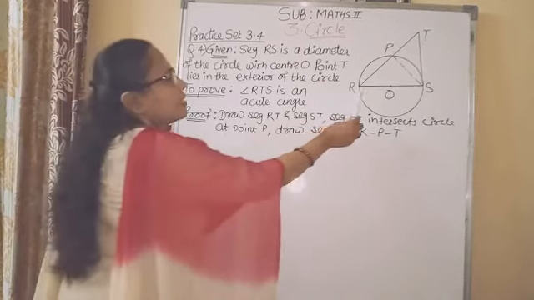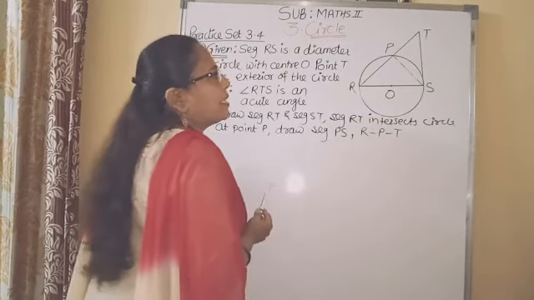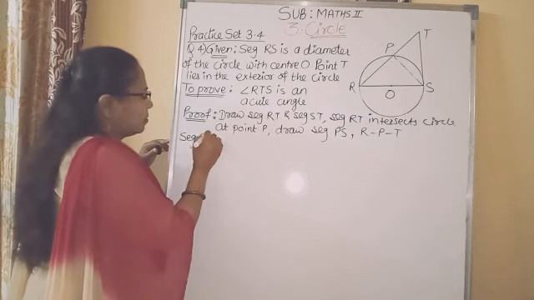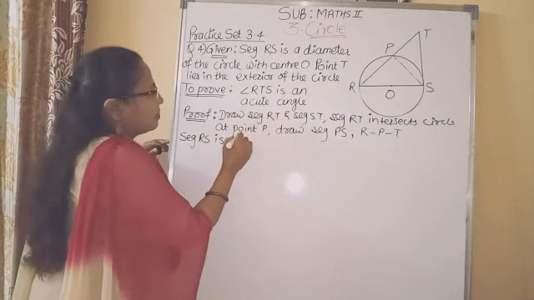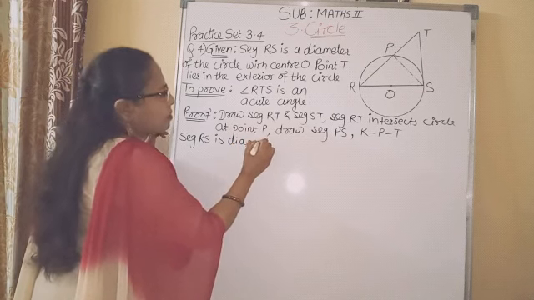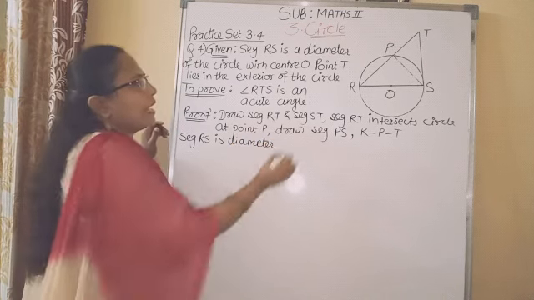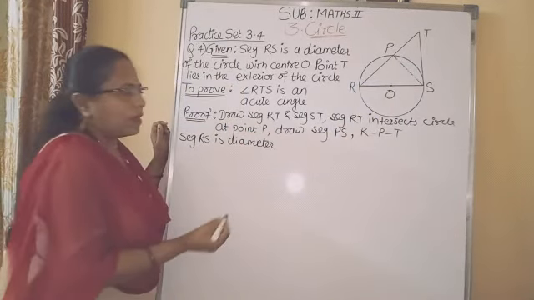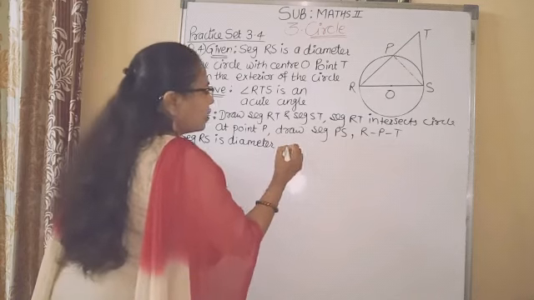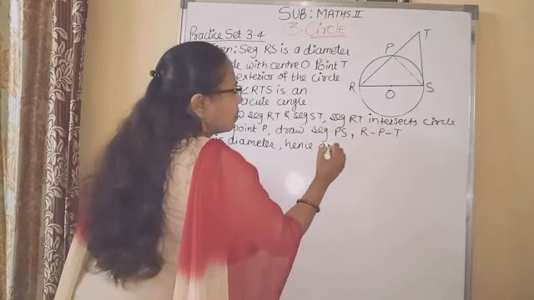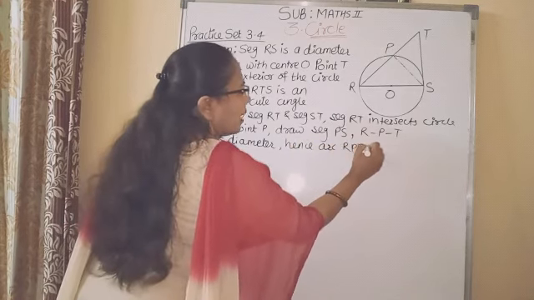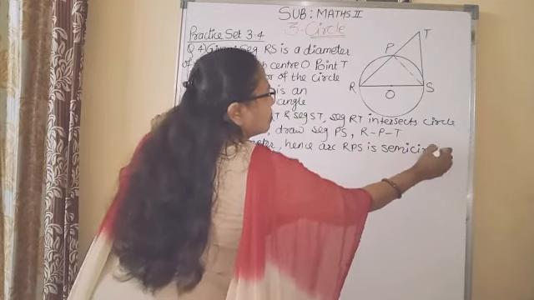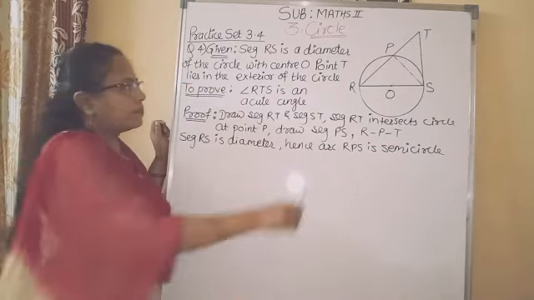In the figure you can see that segment RS is a diameter. That means arc RPS is a semicircular arc. Hence, arc RPS is a semicircle.